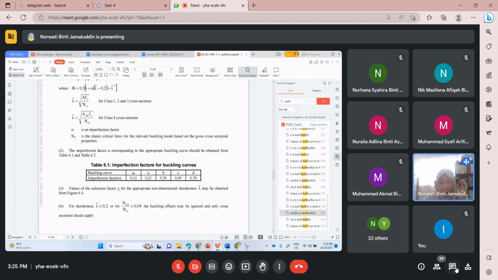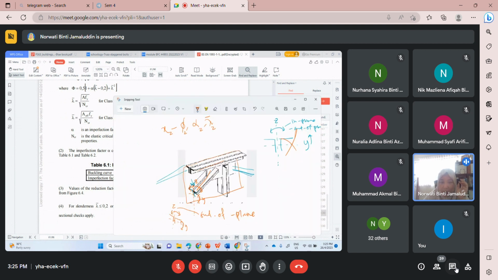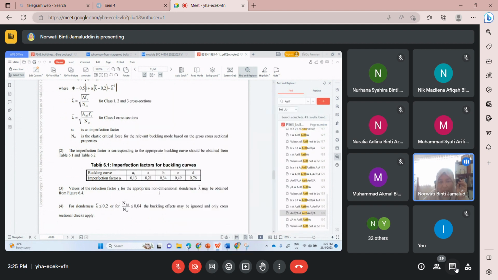So the imperfection factor, alpha here, doesn't matter Y or Z. Alpha here is from buckling curve B, where the value of alpha z is equal to alpha y is 0.34, since it said any axis.